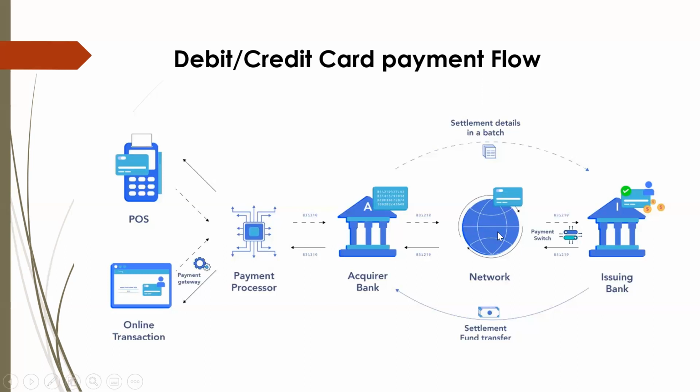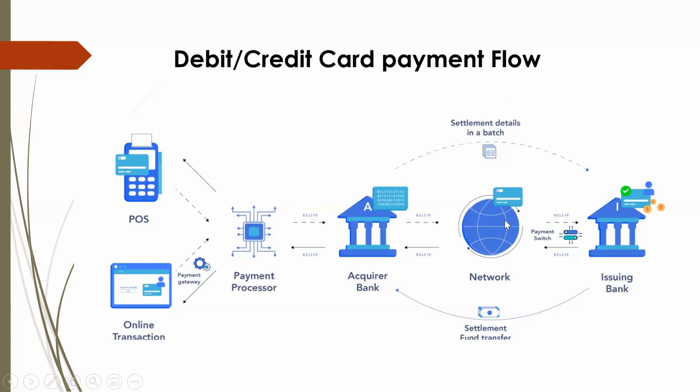So this network makes an arrangement for the settlement. It sends a message to HDFC Bank: yesterday there was a transaction, you approved it. Now you debit the customer, remove the block, post the transaction in that account, and credit my account.